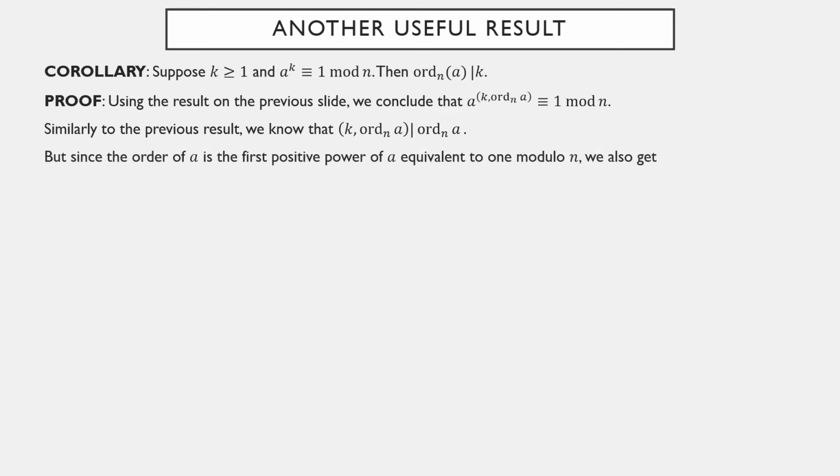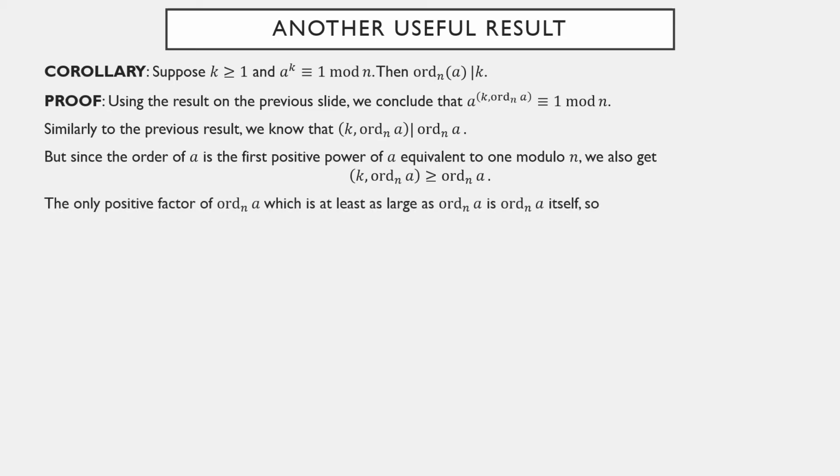But since the order of a is the first positive power of a equivalent to 1 mod n, we can also claim that that number, since it is a particular power of a equivalent to 1 mod n, must be bigger than or equal to the order. The only positive factor of the order which is at least as large as the order itself is the order. Therefore, the greatest common factor of k and the order is the order.